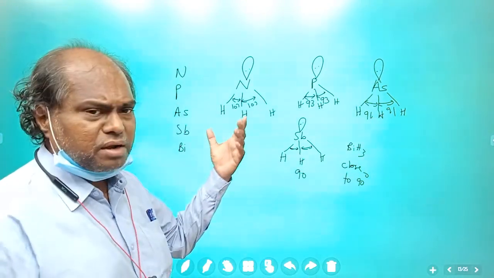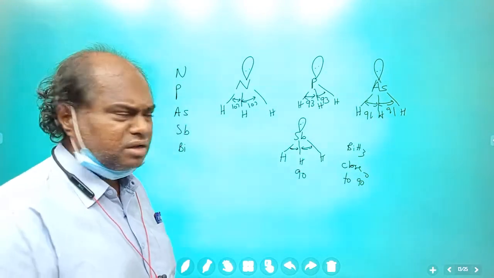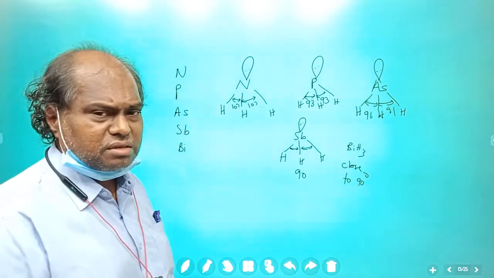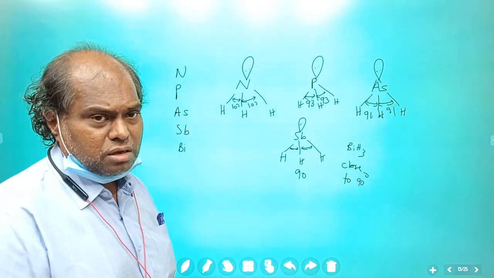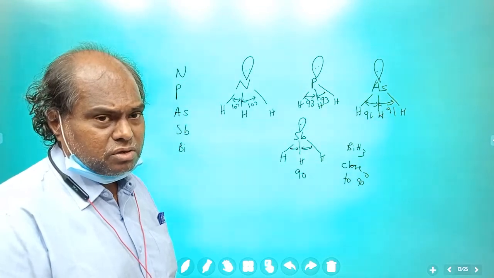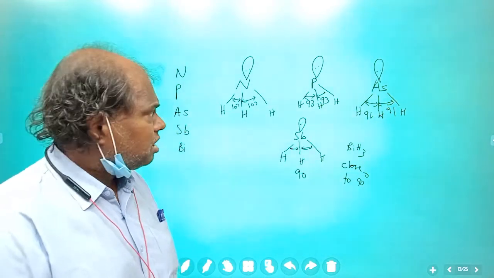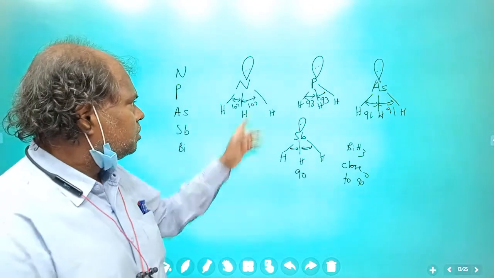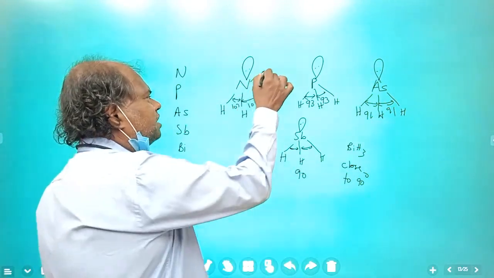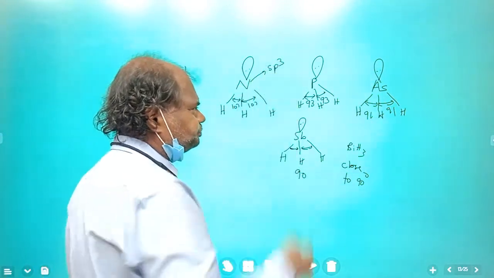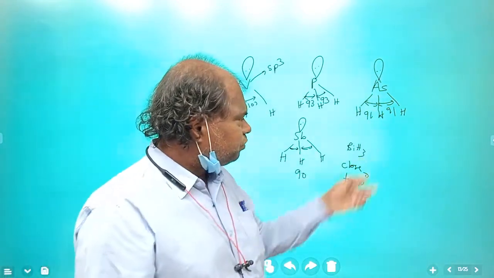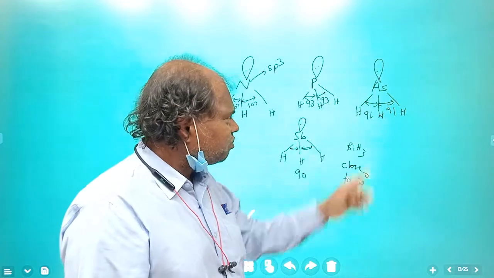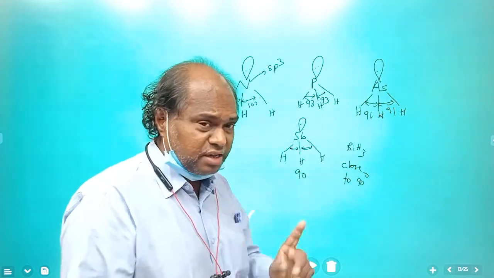Lone pair repulsion, okay, fine, but not such a big change. So there is some drastic change here. Now, what is happening here? What is the hybridization of nitrogen? sp3. Now, in these four molecules where you are getting very close to 90, please listen very carefully.